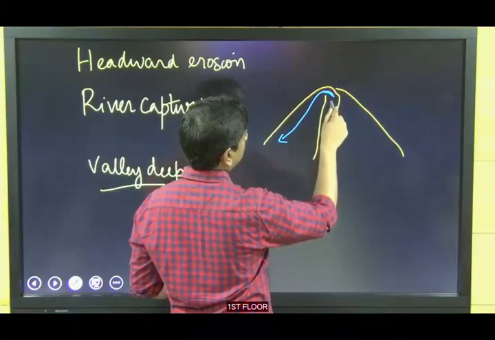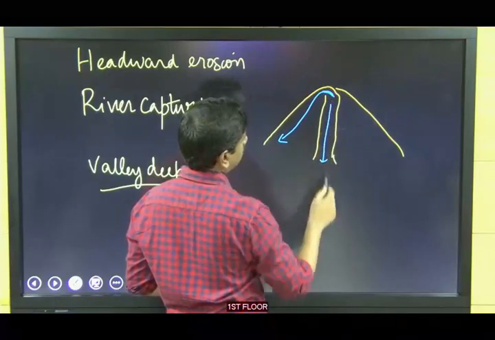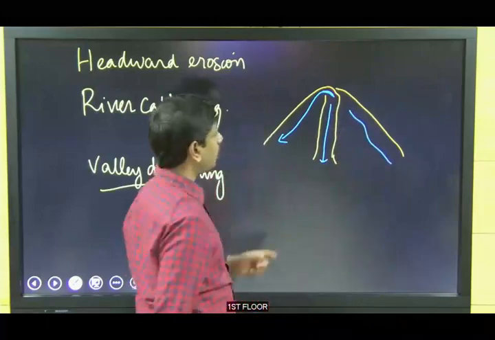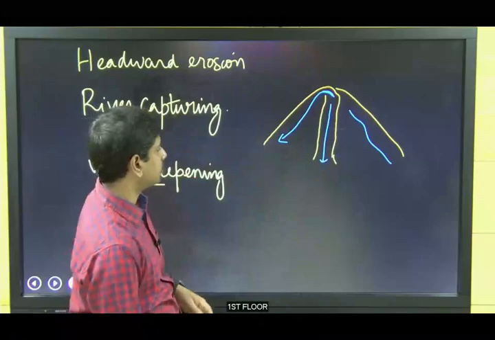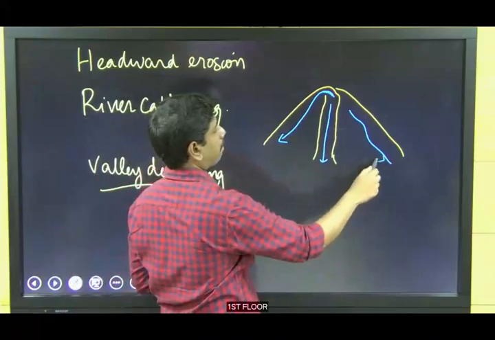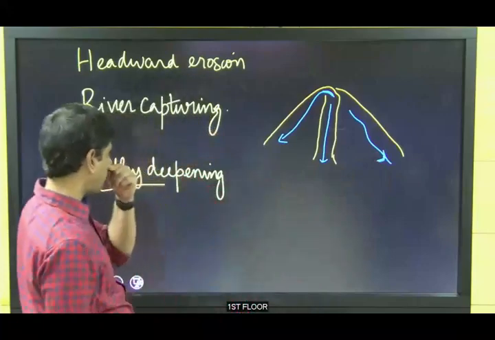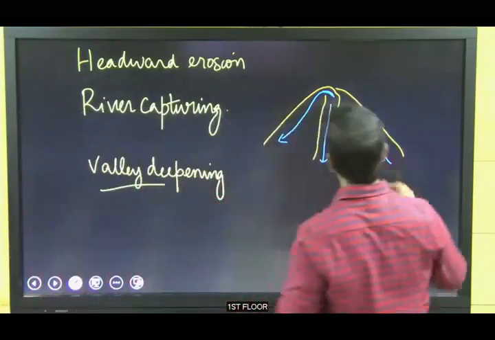Another river is starting like this and flowing like this. Another river is flowing like this. Okay, these lines are water divides. The direction is like this. Okay. So what will happen?